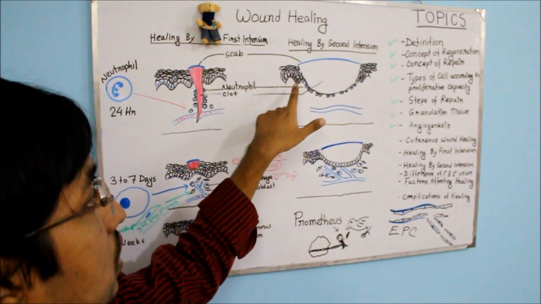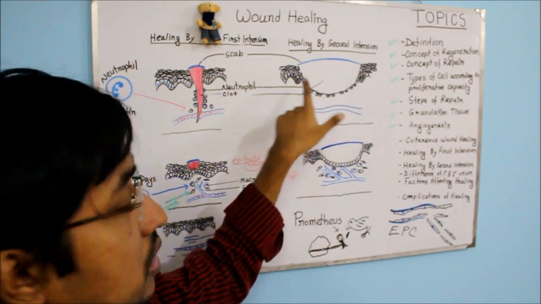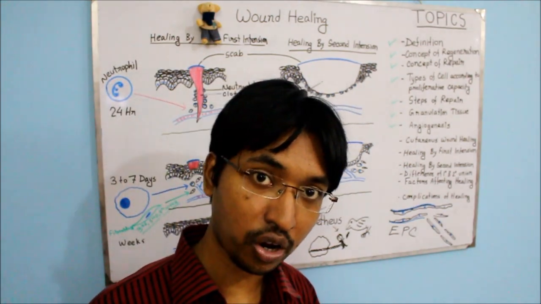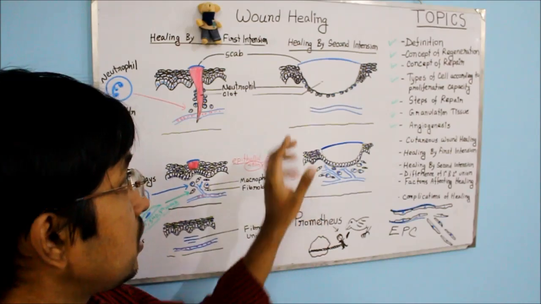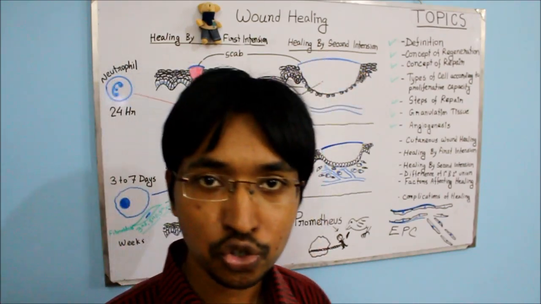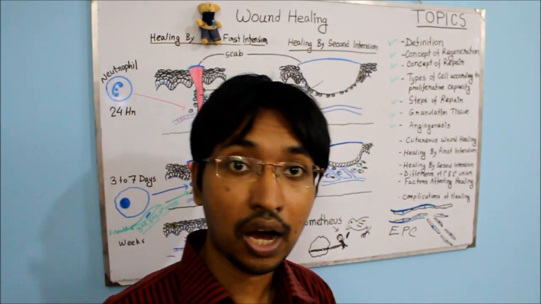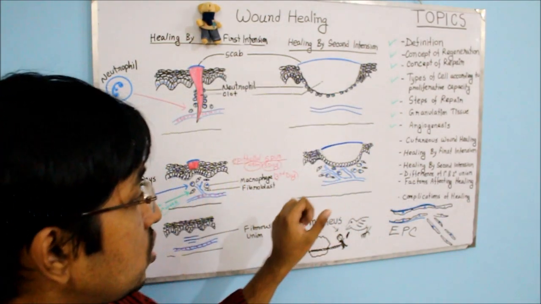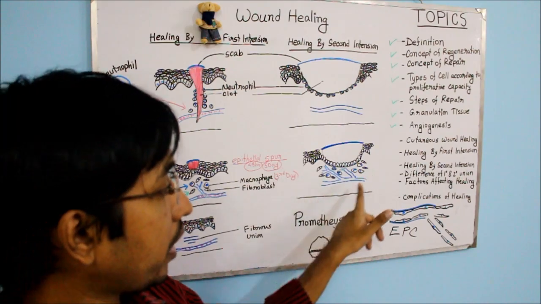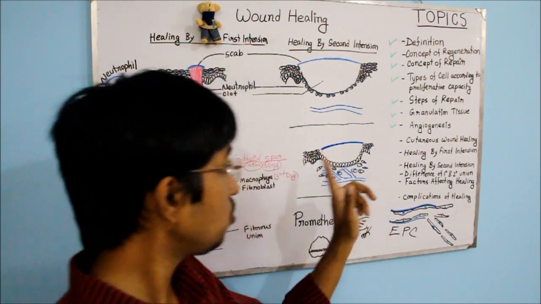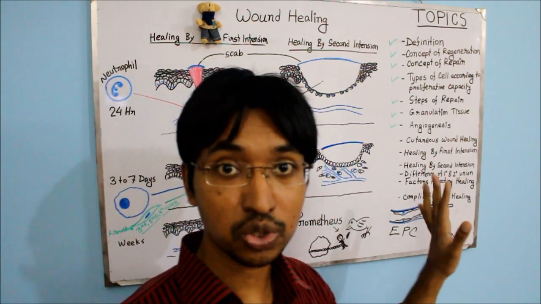Then there will be infiltration of neutrophils. This is also the same within the first 24 hours. But the difference is, since this is a large wound, we will need a lot of granulation tissue and a lot of other cells. So here we will see more proliferation of the blood vessels, and we will see a huge amount of fibroblasts coming to these areas.